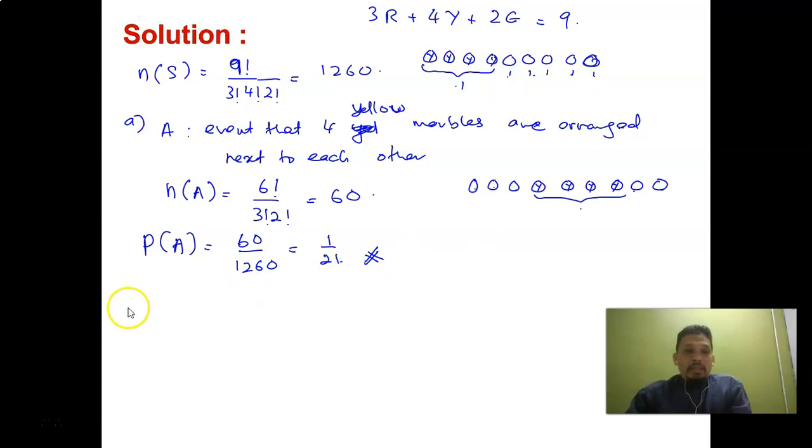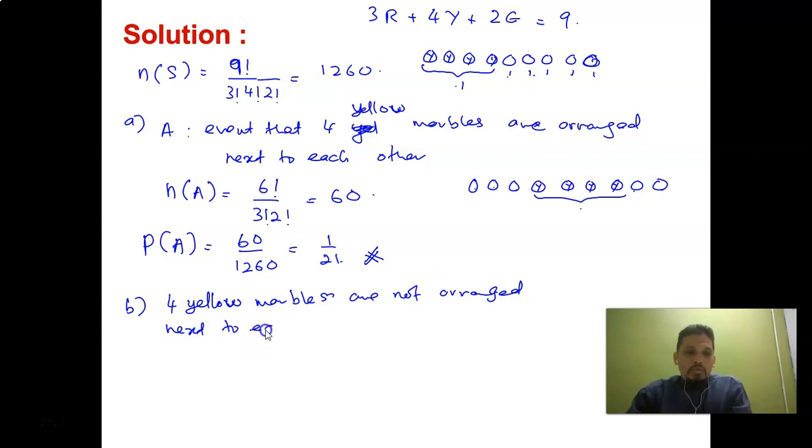Okay. And then question B, 4 yellow marbles are not arranged next to each other.